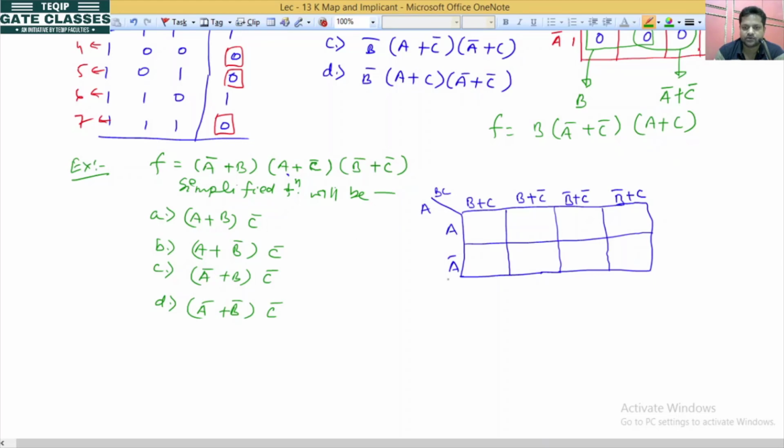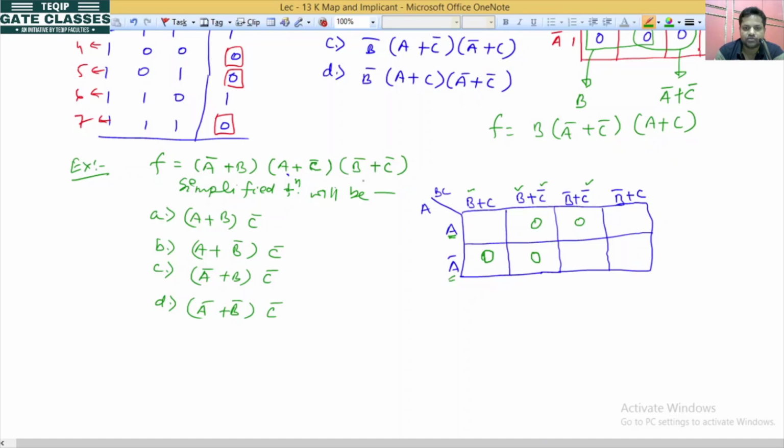So A bar plus B: A bar from here, and B is in this one and this one also, so place 0 here and here, because from here we get A bar, and from this side we get B in both cases, so we place 0 on both cells. Now A plus C bar: A from here and C bar is this one, so it will be 0.